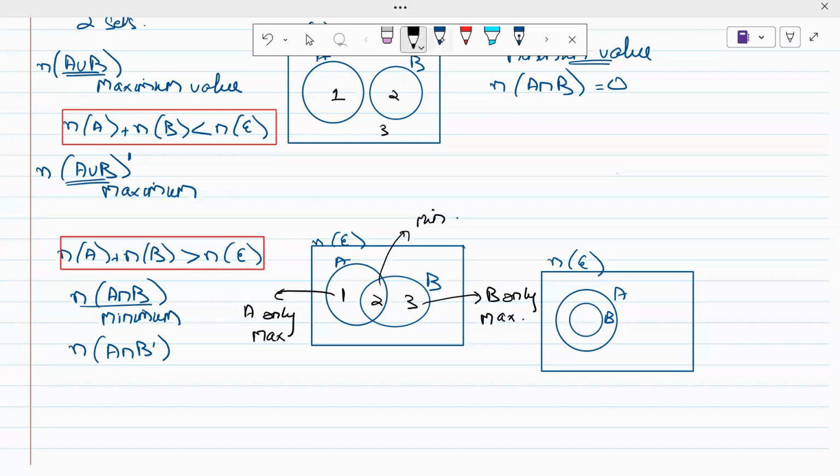So N of A intersection B complement is maximum in this situation.